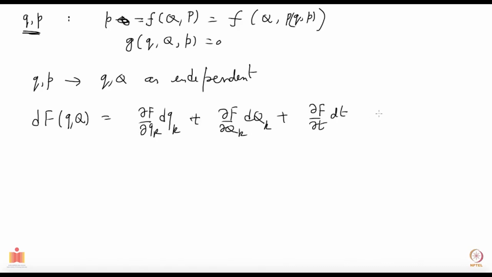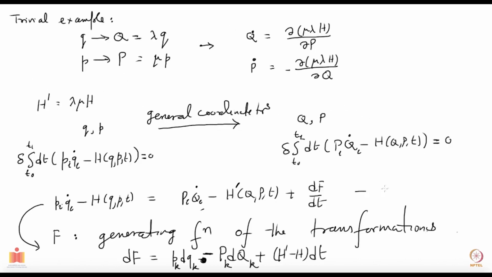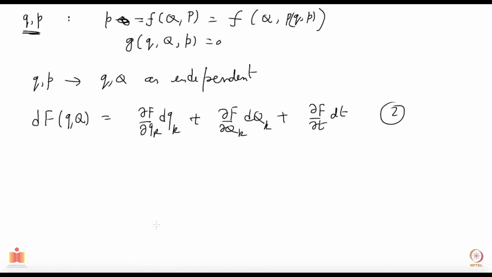Now I can take this equation, let me call it equation number 2, and this one equation number 1, and I compare the two. I can read off these coefficients. So pk would be equal to del f over del qk, the small p.